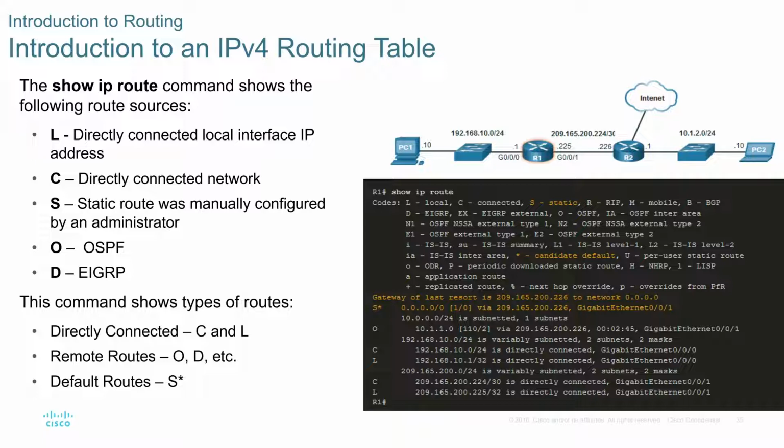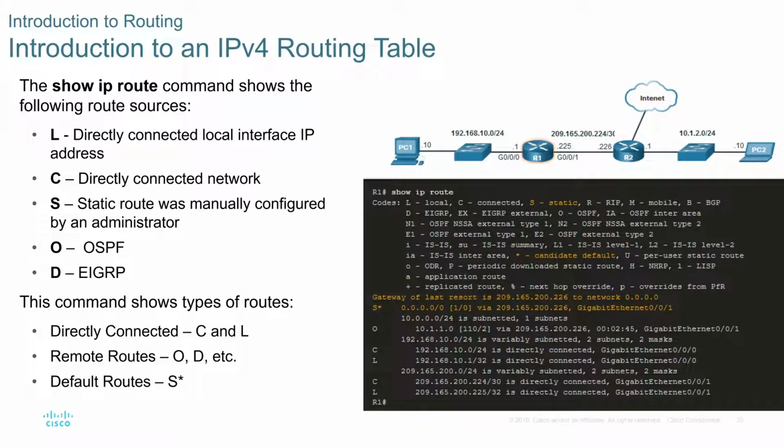RIP, as discussed earlier, has an administrative distance of 120. OSPF has an administrative distance of 110. EIGRP, which would be designated by a D, has an administrative distance of 90.